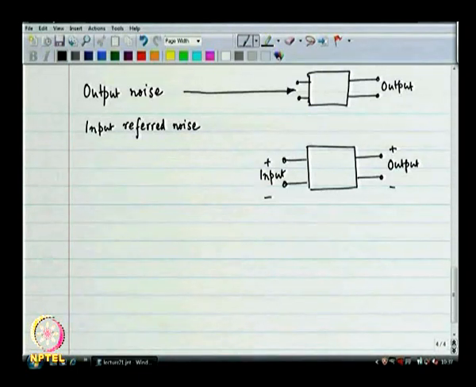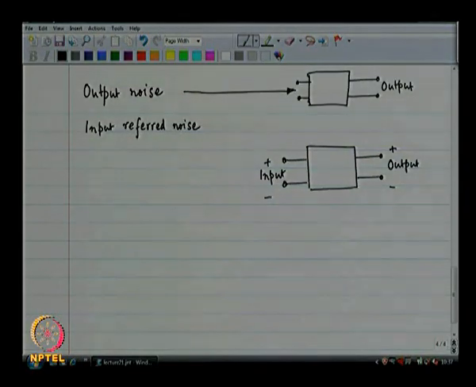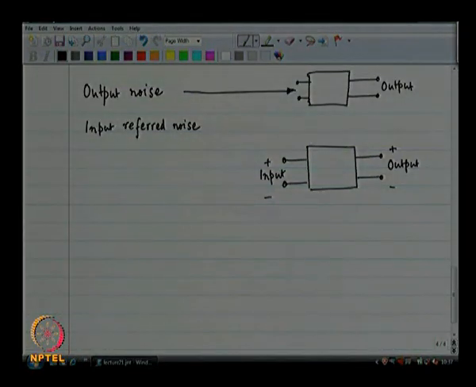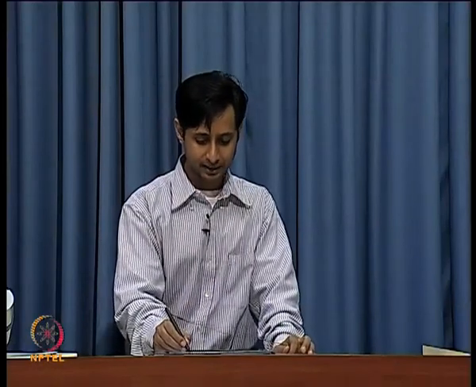You find out the total noise at the output, basically you take each noise source one at a time, find its effect at the output, sum up everything together, that gives you the output noise. Now, the question is, assume that all of these noise sources are not there, that is, assume a perfect noiseless system.